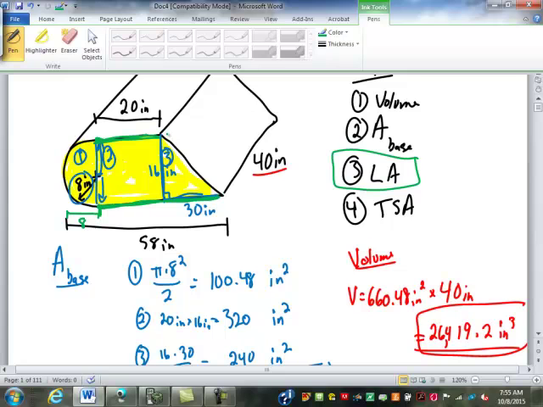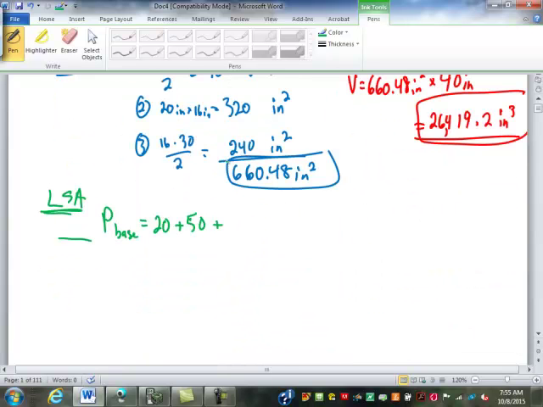So we still need this slanted piece here, which is going to be the square root of 16 squared plus 30 squared. I'm just rewriting it as a squared plus b squared equals c squared, but I'm just going to do the square root right there. That should come out to be 34. So I'm going to add 34 down here.